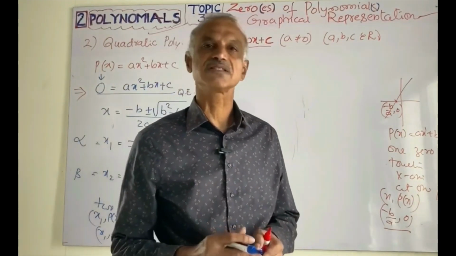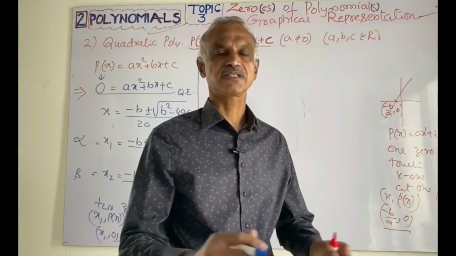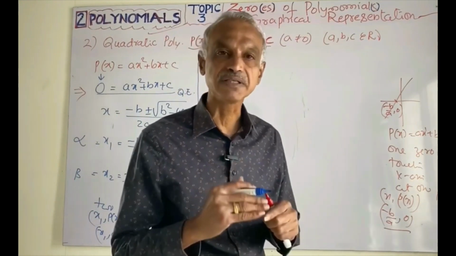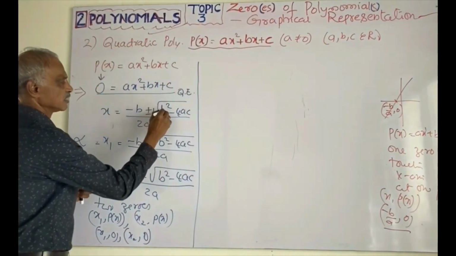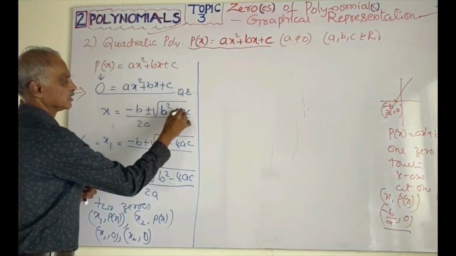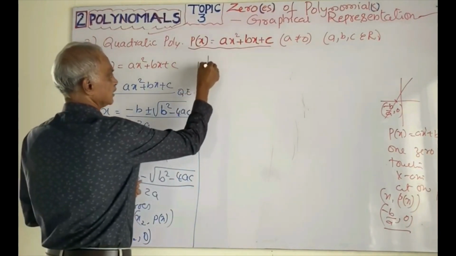But see, the quadratic polynomial is a parabola. It may touch the x-axis at 2 points, at 1 point, or even not touch the x-axis anywhere. But it depends on the discriminant. See what is the discriminant? b square minus 4ac is called the discriminant. I will write discriminant.